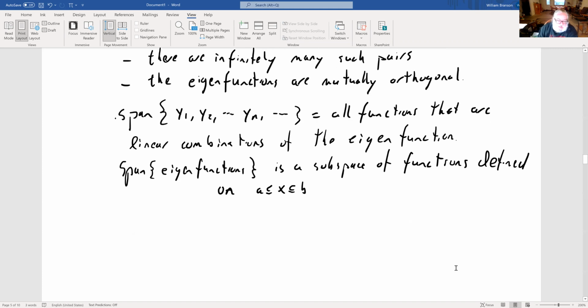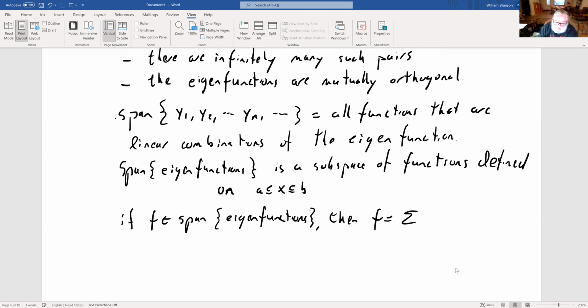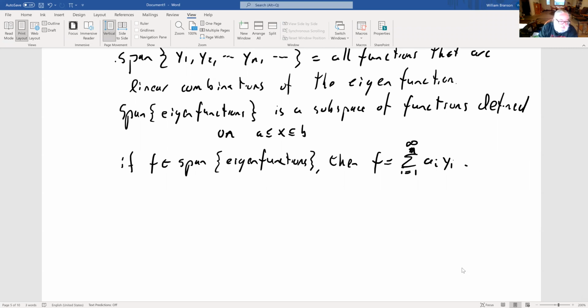So if f is something that's in the span of the eigenfunctions, then f equals a sum, i equals 1 to infinity, a sub i, y sub i. Now, the fact of orthogonality tells me that the inner product of f with any particular eigenfunction is, well, we know what f is equal to.